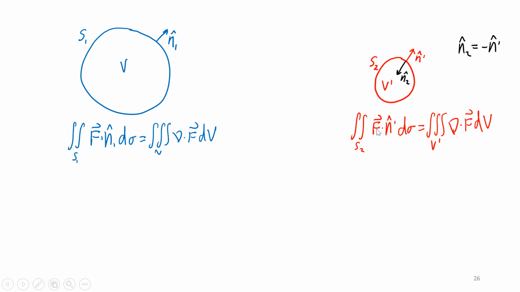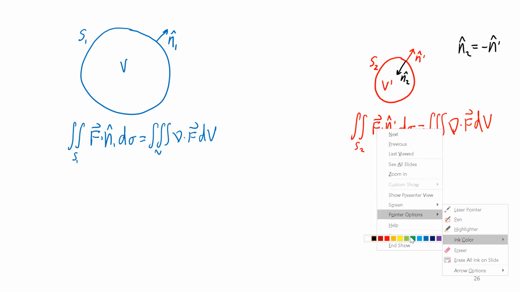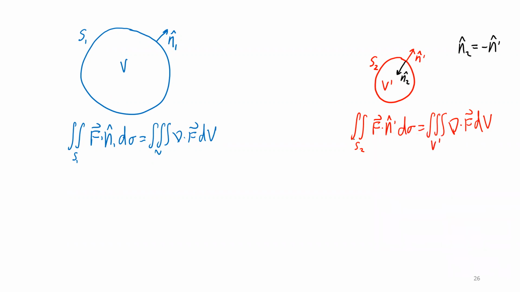So now, if I look at the left-hand side of this equation, this N hat prime is actually minus N2 hat, so the left-hand side can be written like this.